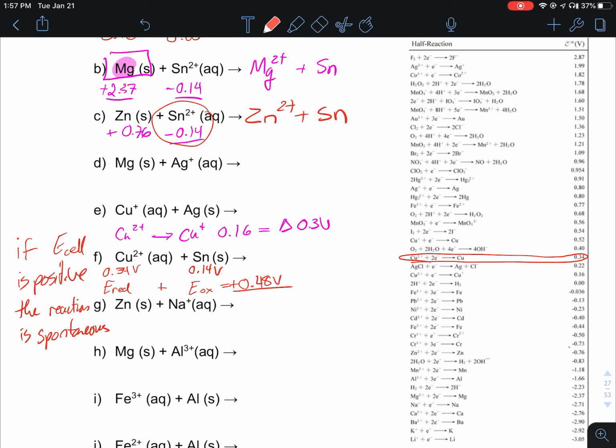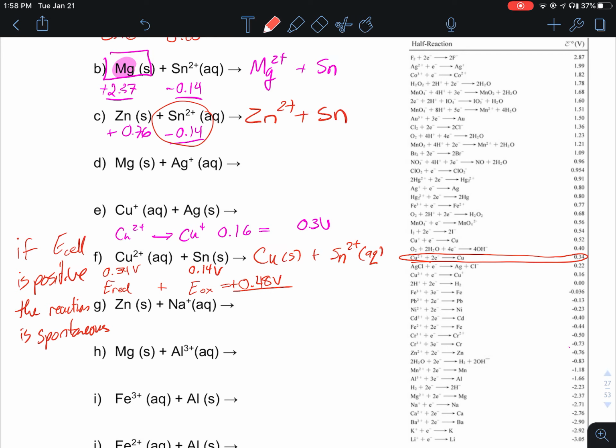Okay, so let's look at one that might not work. First we should complete this reaction. To complete the balance, we're going to have copper metal coming out of the solution, and we're going to have tin 2+ going into solution.